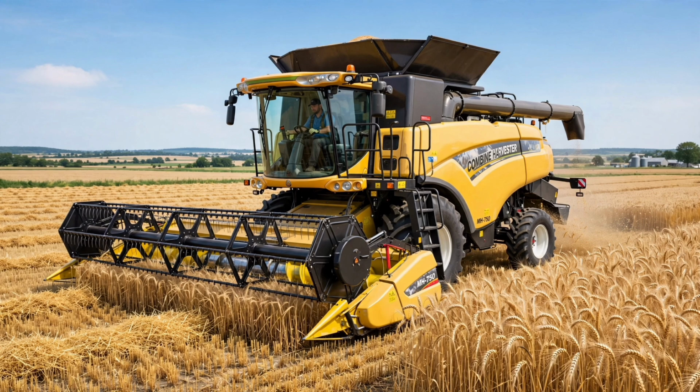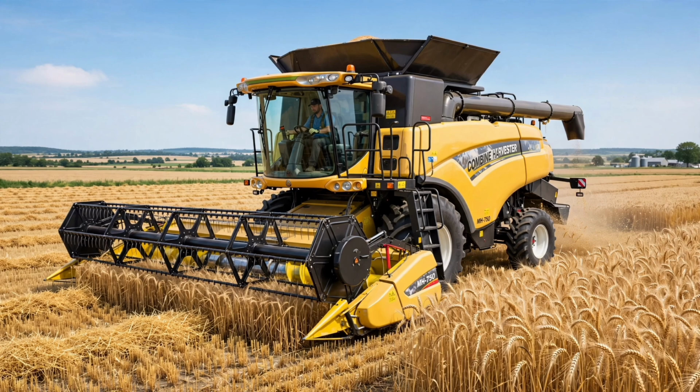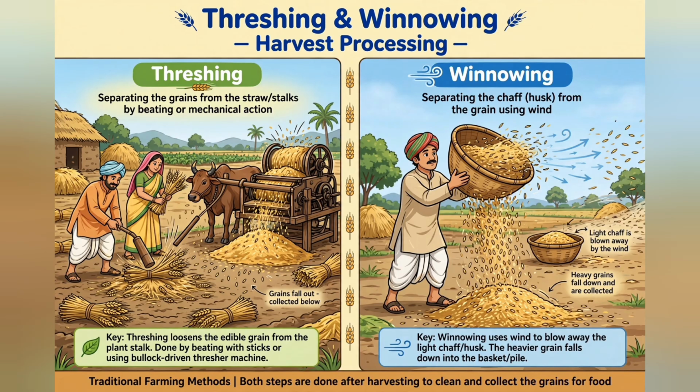Harvesting can be done by manual methods, by using sickles. Mechanical methods are by using a combine harvester. And now we will discuss threshing. What is threshing? The process of separating grains from harvested stalks is called threshing.